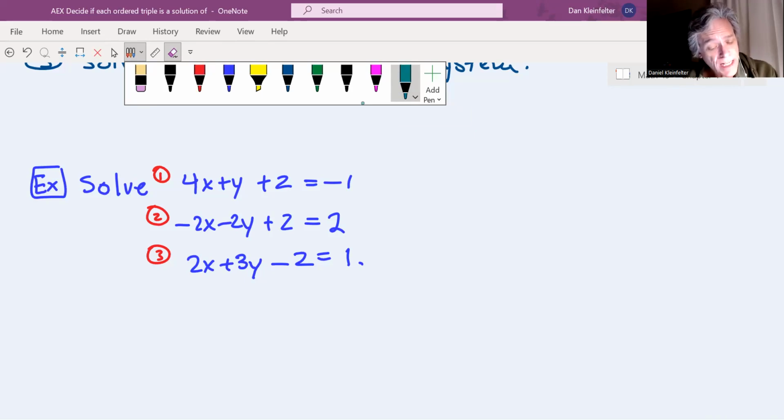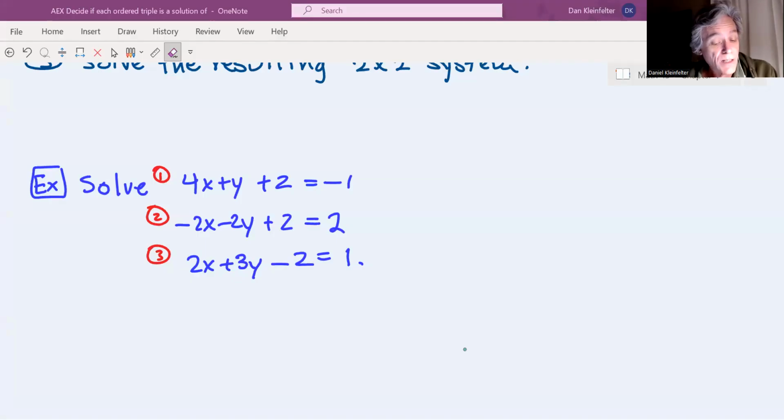We could use the second and third equations to eliminate z's. That would also eliminate x's, it looks like. Right, so we're back. Again, you can eliminate any variable you want using any equations you want. I think it's going to be easiest to eliminate variables using equations 2 and 3.